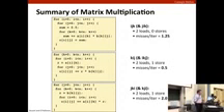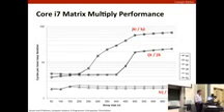And so when we measure these on a modern system, you can see that the KIJ, which has the fewest number of misses, is getting about 1 cycle per inner loop iteration, which is really good. This is what we're plotting here: cycles per inner loop iteration.